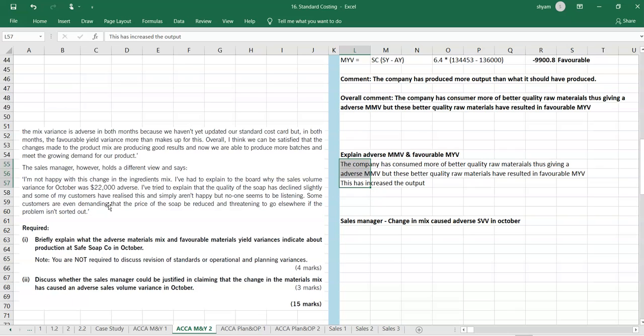Some customers are even demanding that the price of the soap be reduced and threatening to go elsewhere if the problem isn't sorted out. Okay, so he's saying because of the change in mix, the quality has gone down. Okay, so is his statement correct? That is what we have to first look at.